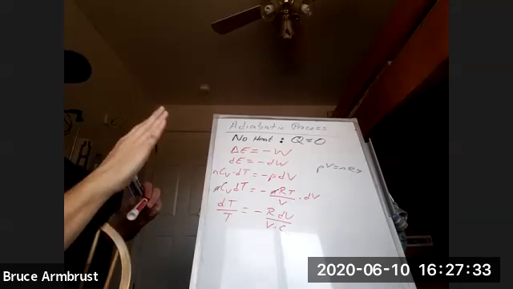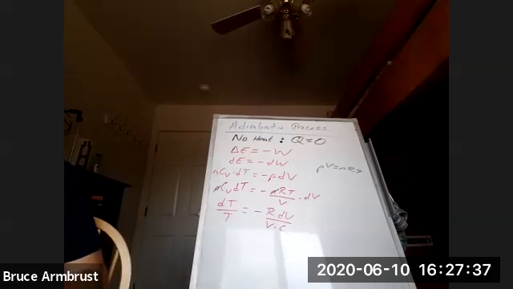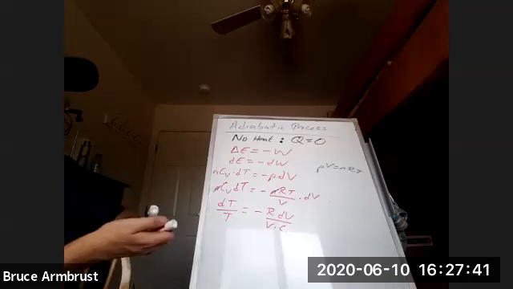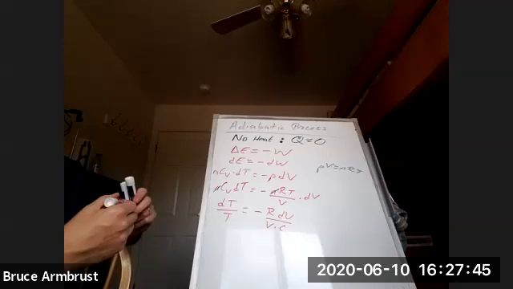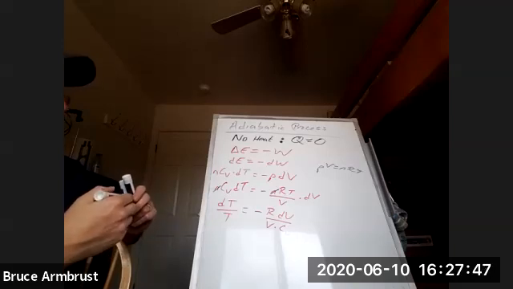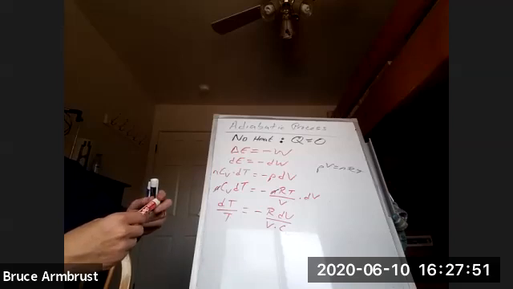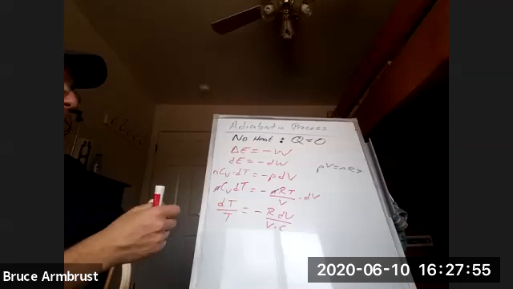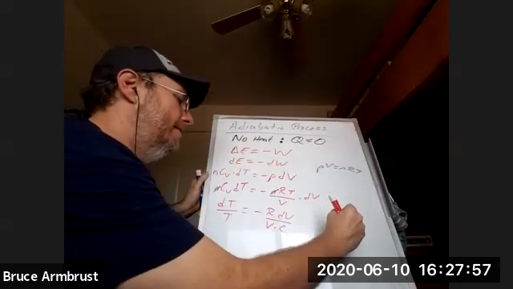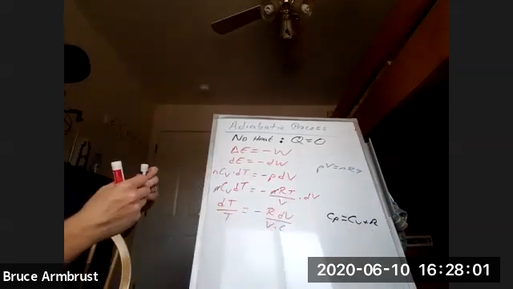Actually, no, before we integrate, let's get rid of that R. I don't want that R. I'm going to get it back in terms of Cv and Cp. What we saw was that Cp was equal to Cv plus R. So we have the fact that R is the difference in those.